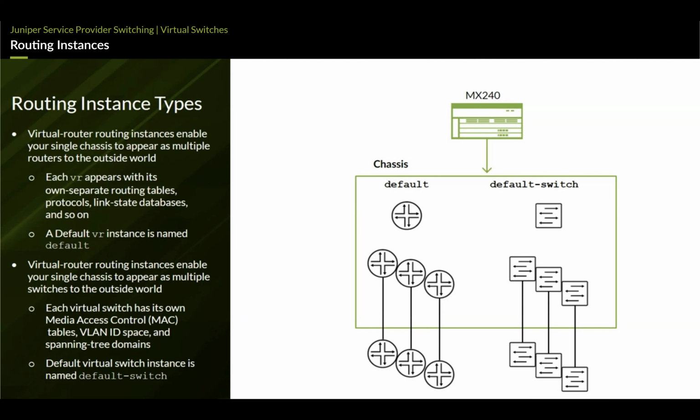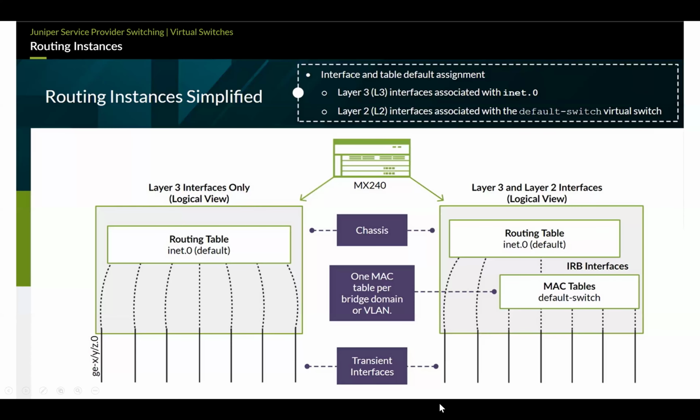Let's see here, MX240 layer 3 interface only, logical view. By default, if you configure multiple interfaces, networks, or dynamic or static routing, everything will be in inet.0, based on your layer 3 interfaces.